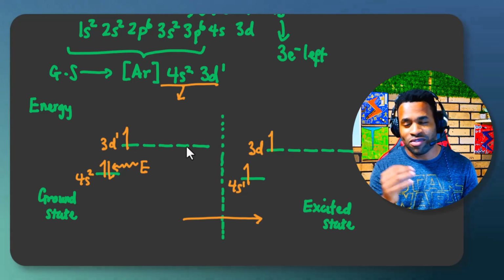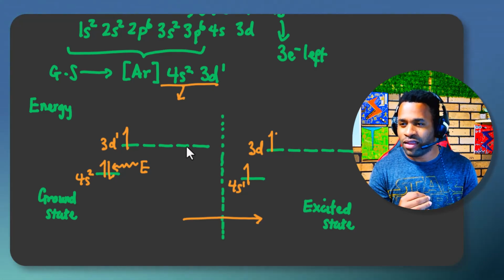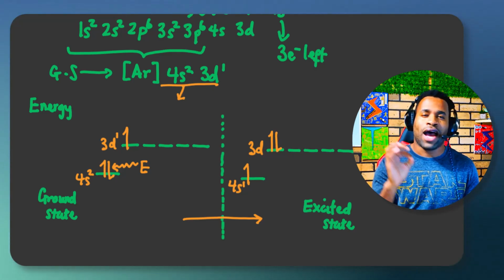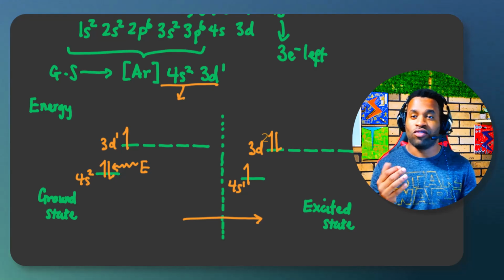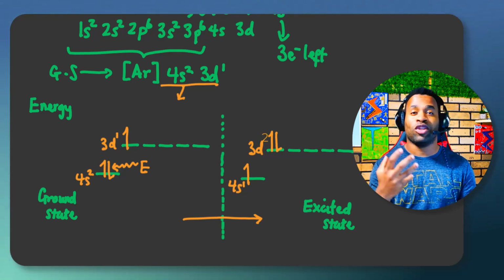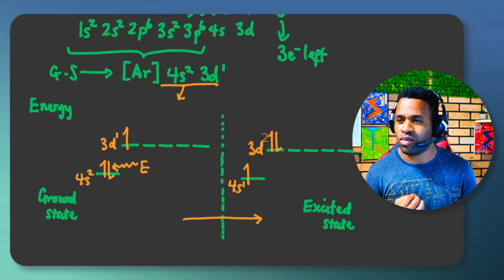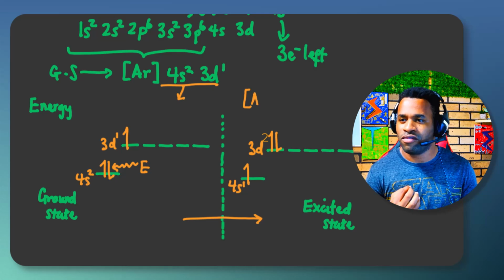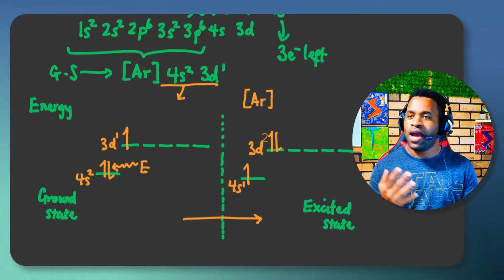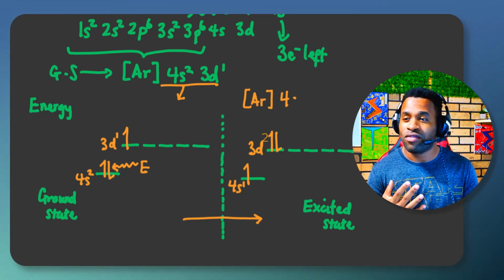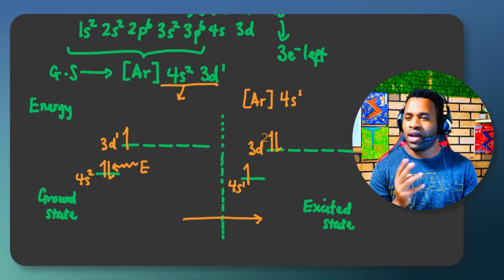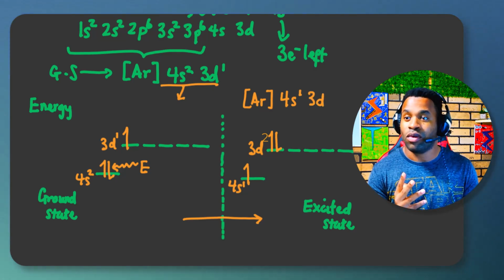And so at the end we have this electron now at the 3d state. So in here we have our new electronic configuration at the excited state: in condensed form, the Ar, and we have our 4s1, and we have our 3d2.